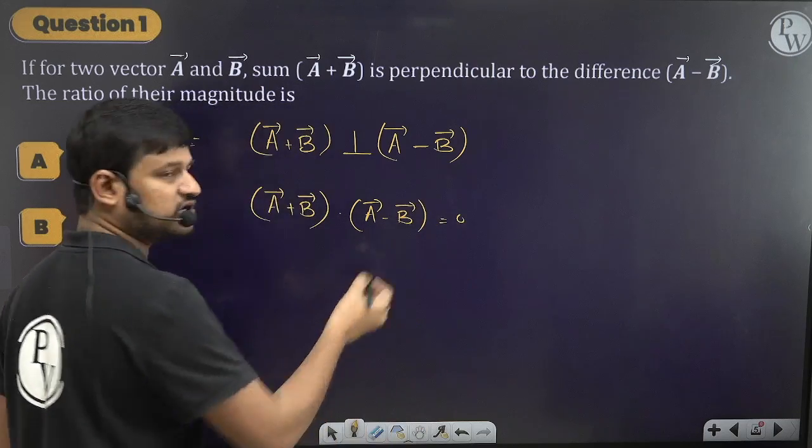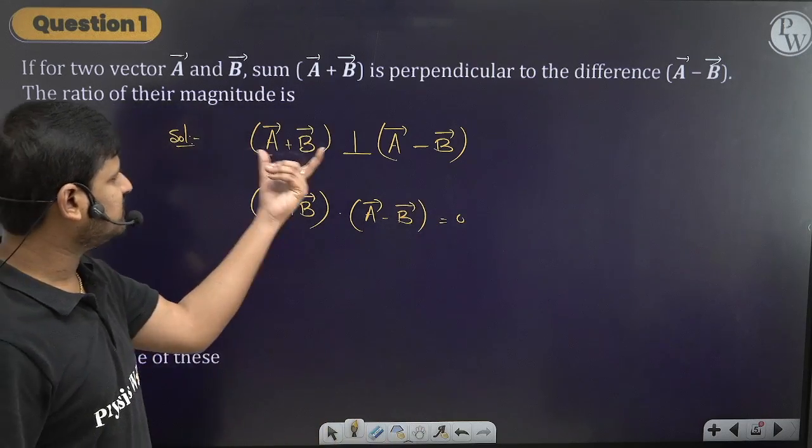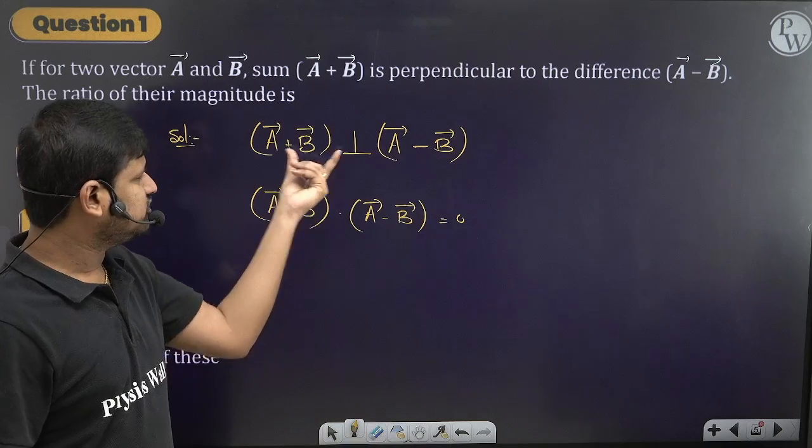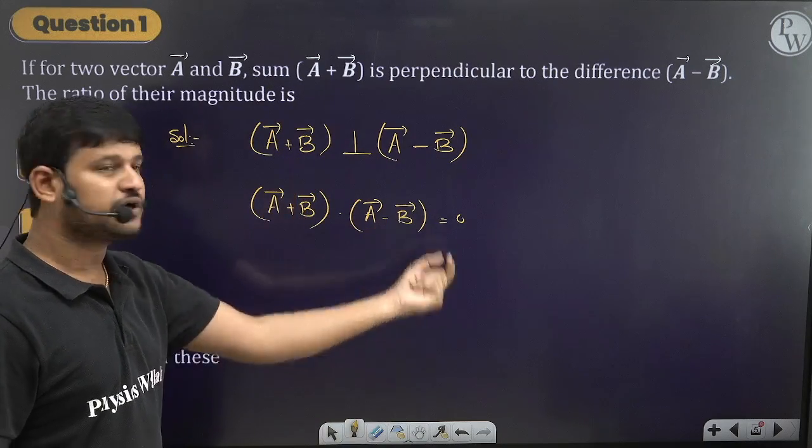The dot product must be equal to 0. If this is one vector and this is another vector, and those two are perpendicular, then the dot product should be equal to 0.